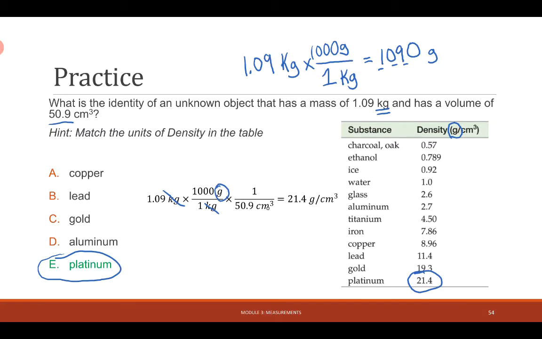But in order to get my centimeters cubed in the denominator, I multiplied by 1 over the volume. And so that put my centimeters cubed in the denominator so that I could set this up as a dimensional analysis like problem, where I have my kilograms and then multiplied all of these conversion factors or fractions in order to get my units to match the units that I am looking for.